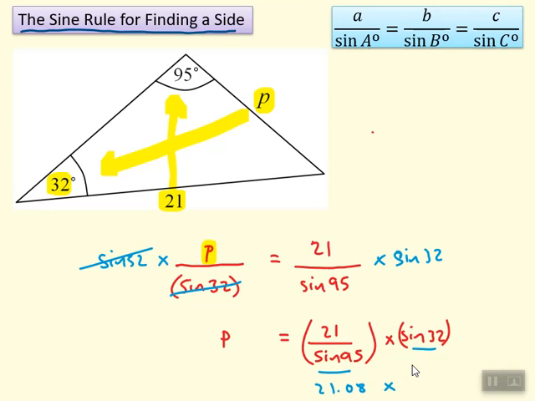It tells me that P is equal to 11.17. That is how long that side is. So we used that version of the sine rule to work out that missing side.